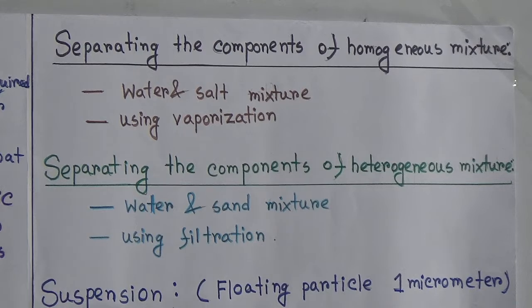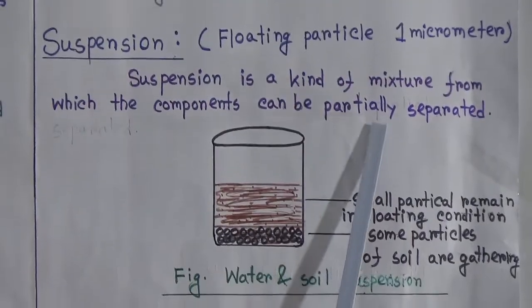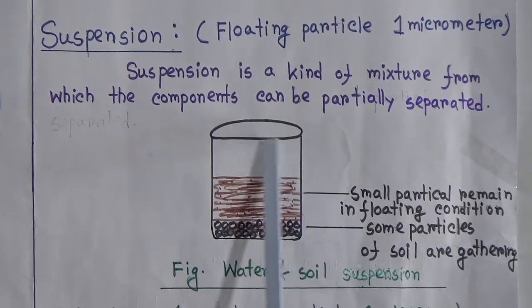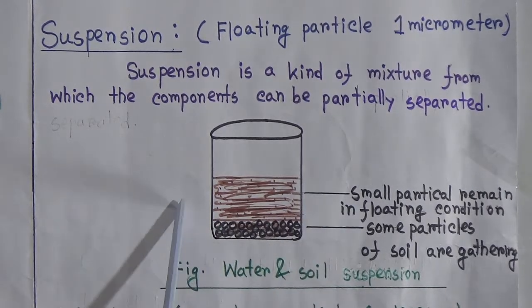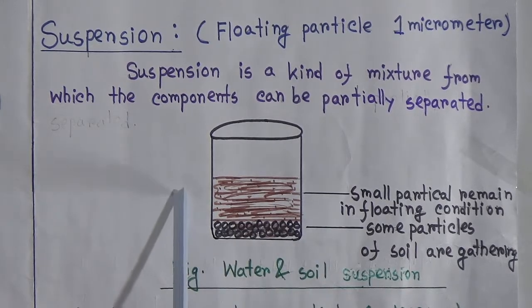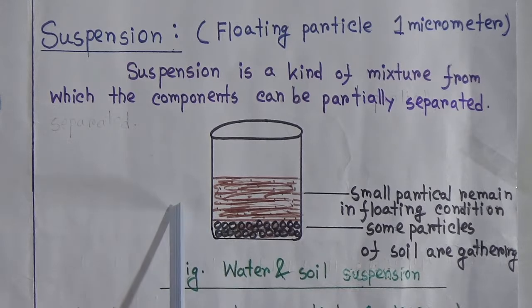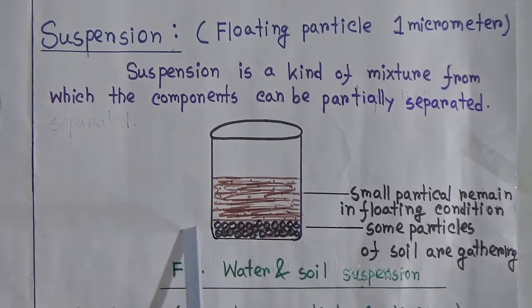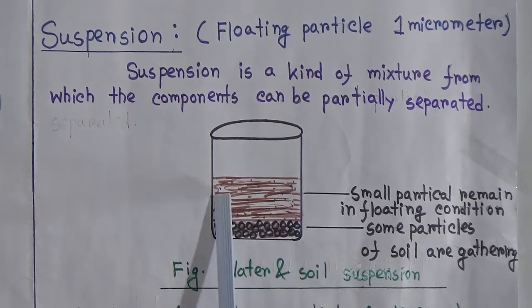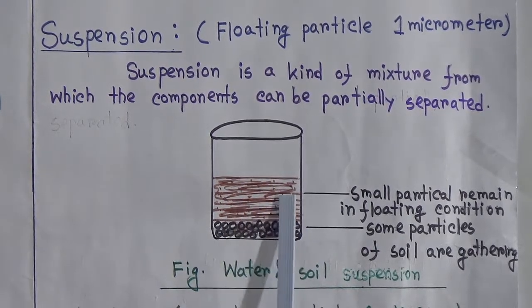Now come to suspension. A suspension is a kind of mixture from which the components can be partially separated. Here I have drawn a suspension. A water and soil mixture is a kind of suspension. When we mix them and keep it for a certain time, the large particles will settle down here and the small particles remain floating here, and this portion will not be clean.